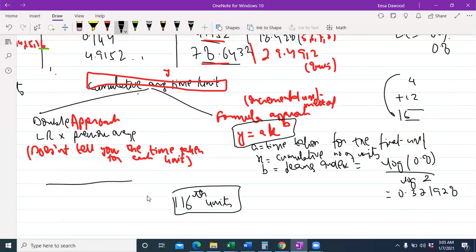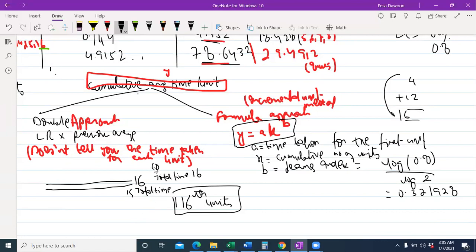If I calculate the total time for 16 units, and then I calculate the total time for 15 units, don't you think I'll be able to calculate the time taken for the 16th unit? I take the difference of both.